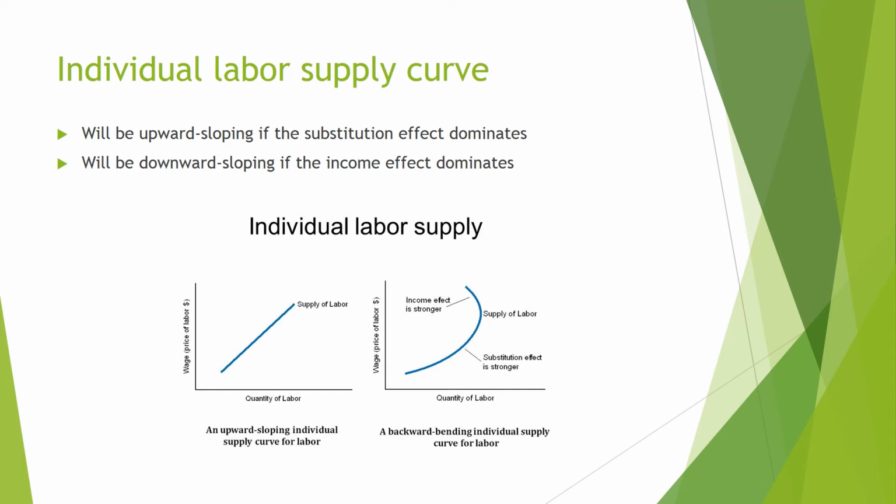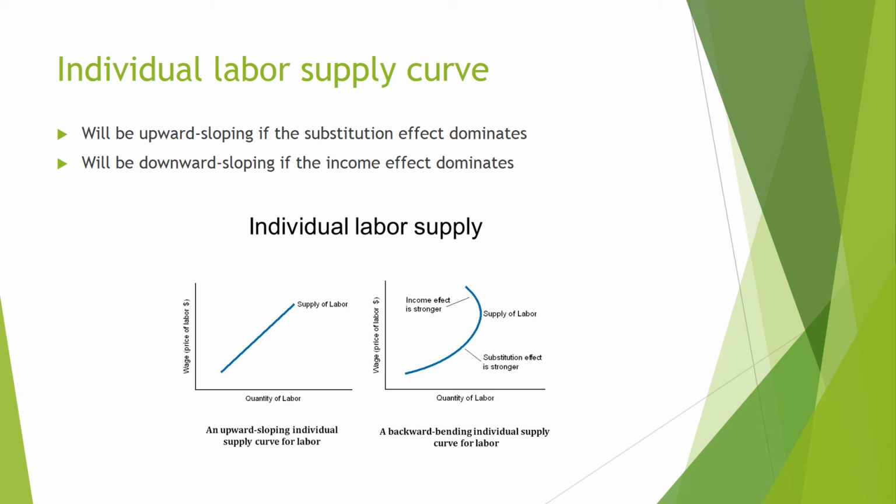If the wage goes up, leisure becomes more expensive in terms of opportunity cost, because we have to give up more money. If we were earning $10 an hour, our opportunity cost of leisure was $10 per hour. Now if we get offered $20 an hour, the opportunity cost is up to $20. So the substitution effect says a higher wage will increase the quantity of labor, giving us an upward sloping supply curve.